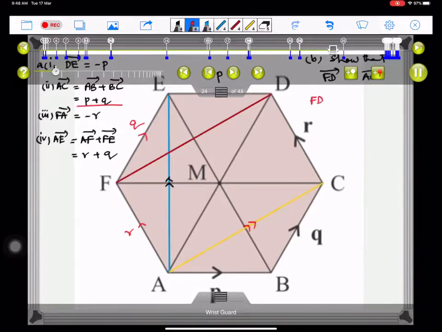We already found what AC is. We just have to find out what FT is. Head to tail method. That is the key for success. Done.